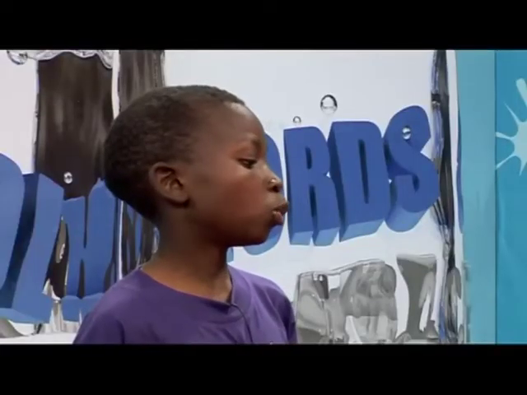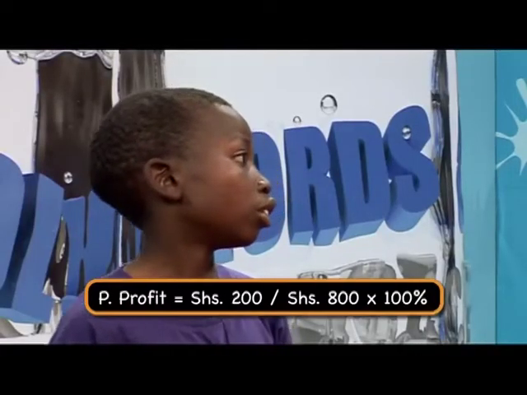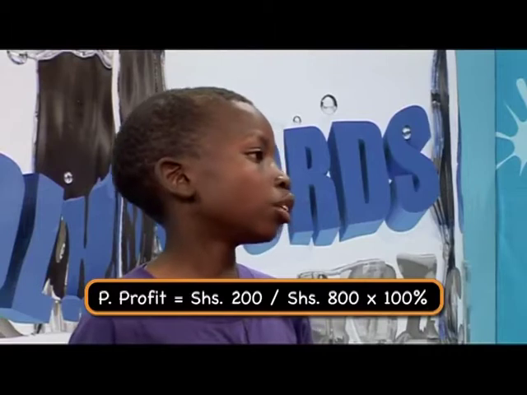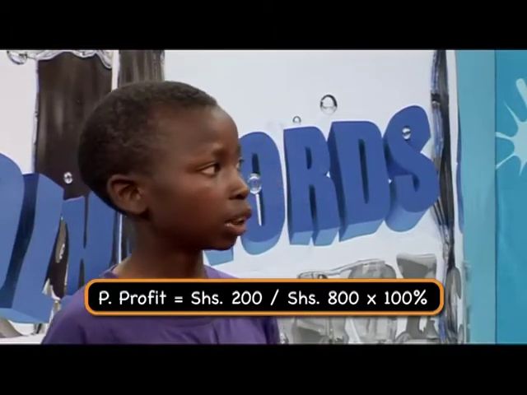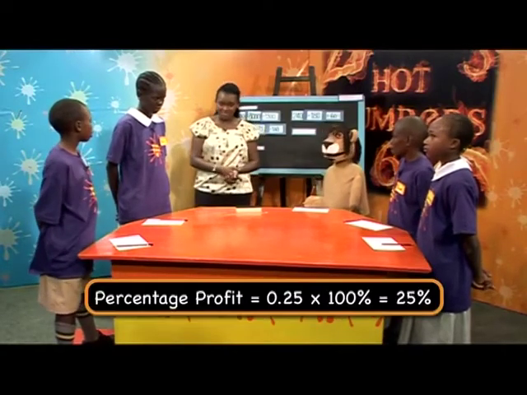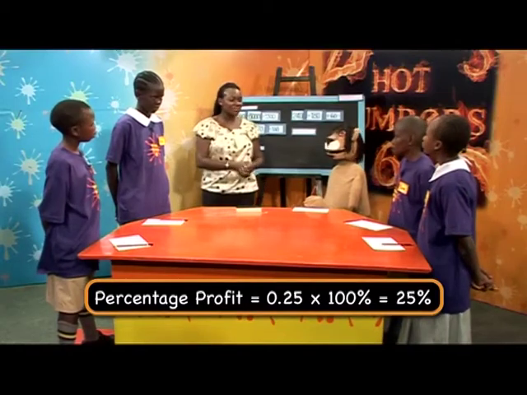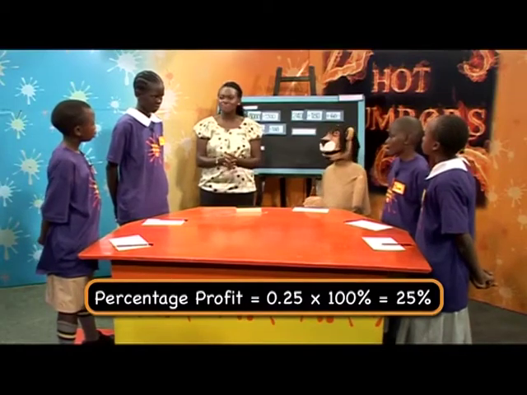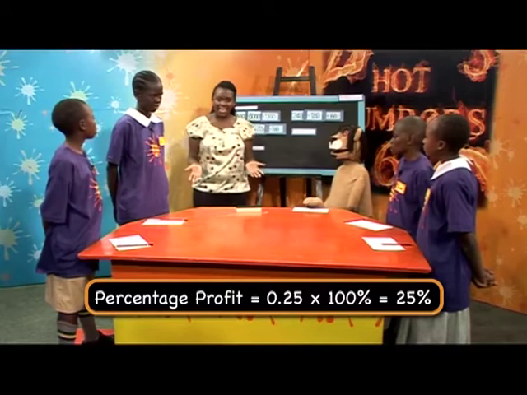We put 200 shillings over 800 shillings multiplied by 100%. Well done. So 200 divided by 800 is 0.25, multiplied by 100% gives us 25%. So I made a profit of 25% on the sale of my dress.